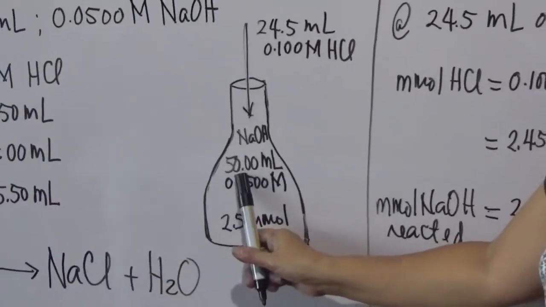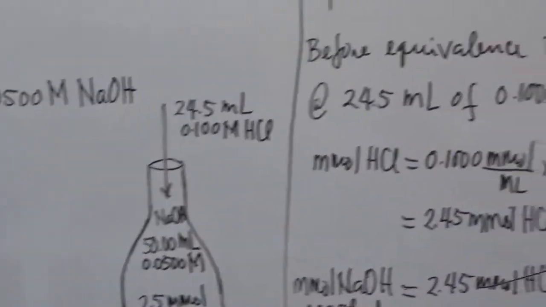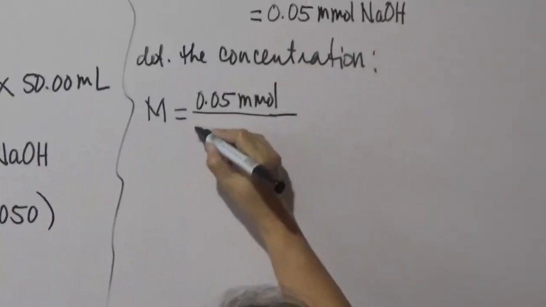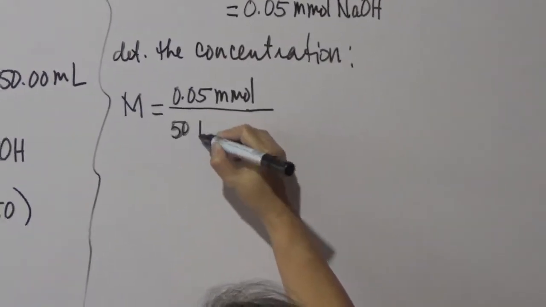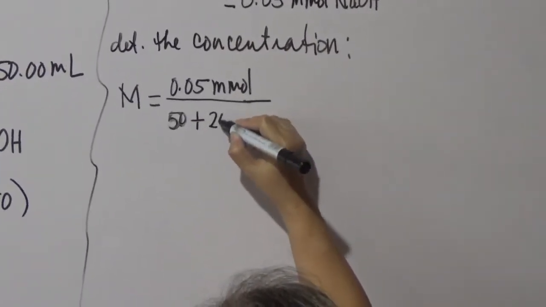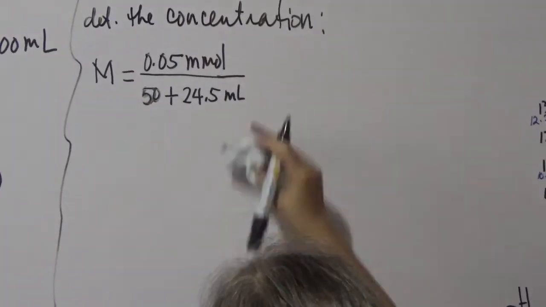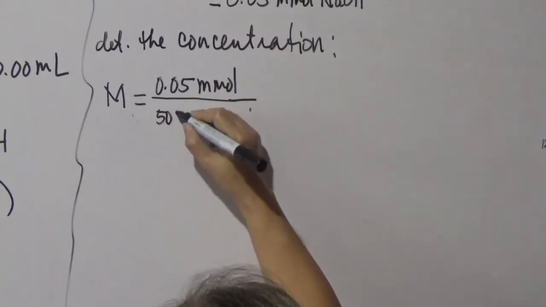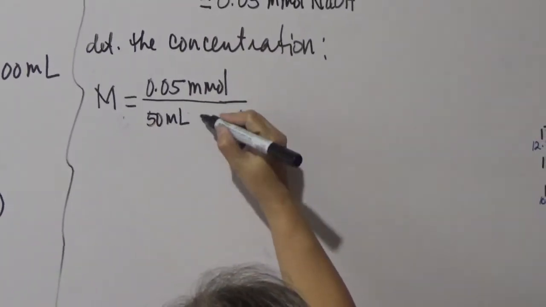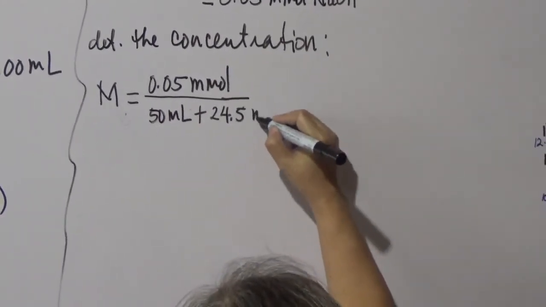So the total volume now will be 50 plus 24.5. You have 50 ml initially, then it is titrated and added with 24.5 ml.